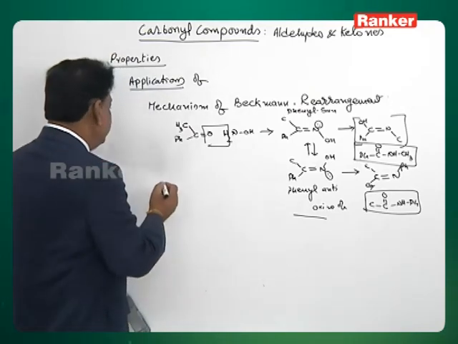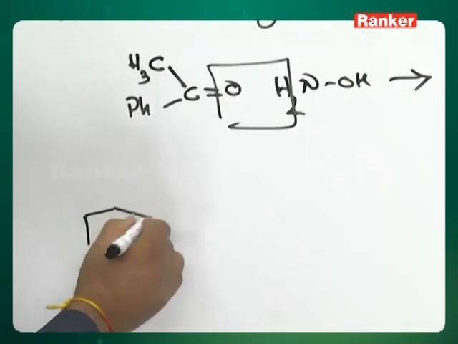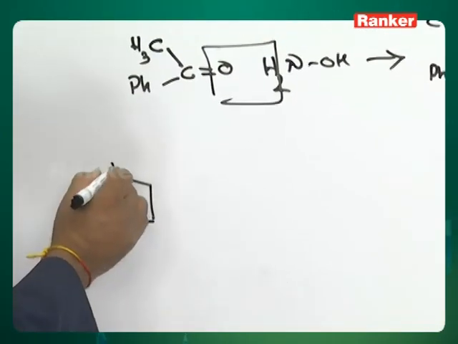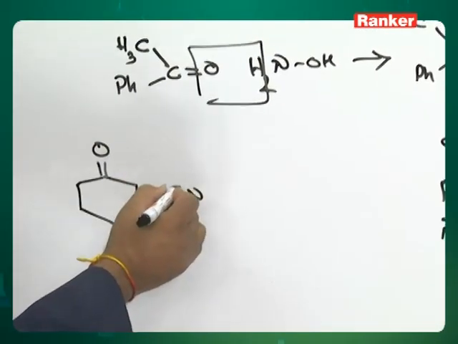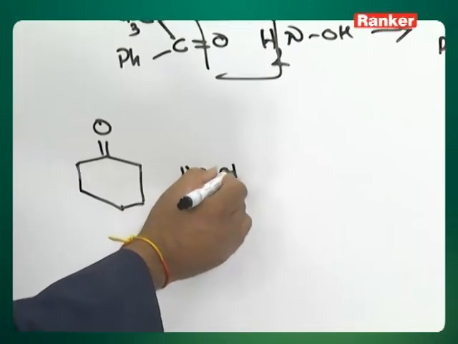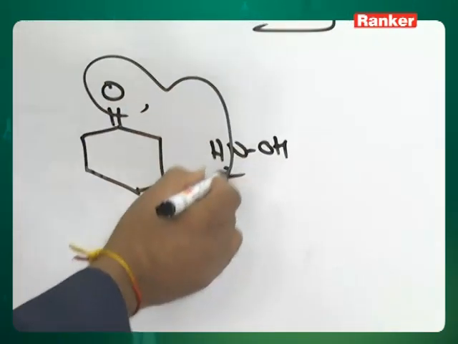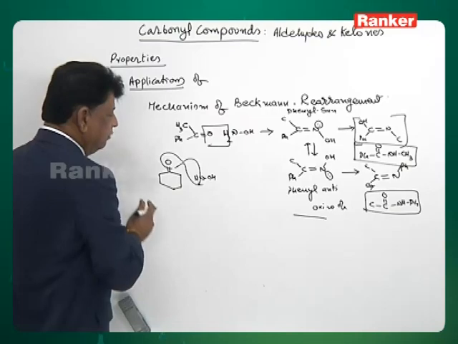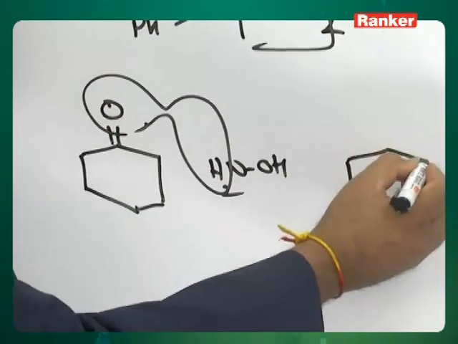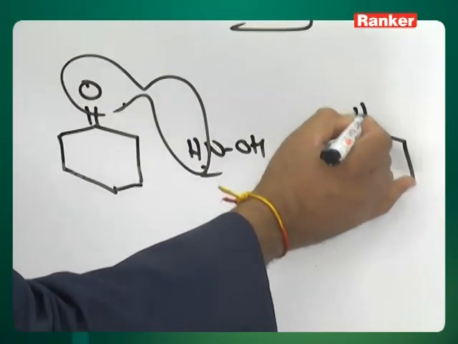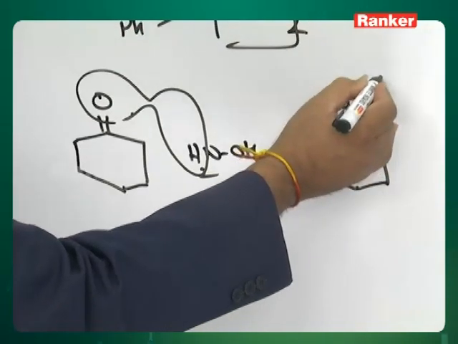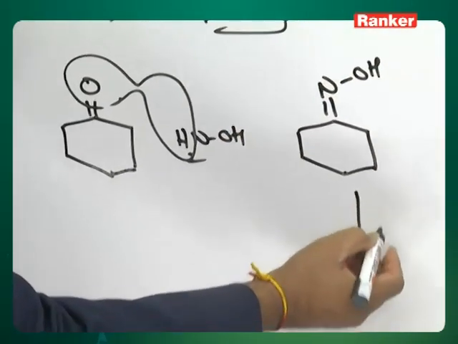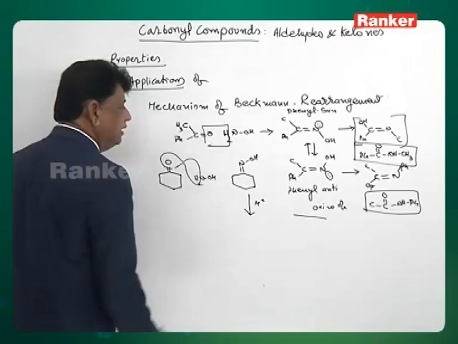However, we have one classical example, cyclohexanone with NH2OH. Then what happened, this O and the H2 will go out as water, and an oxime is formed. This oxime, call it cyclohexanone oxime. Then this is treated with a strong acid like sulfuric acid.